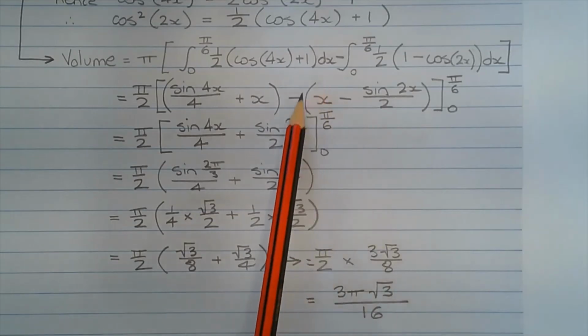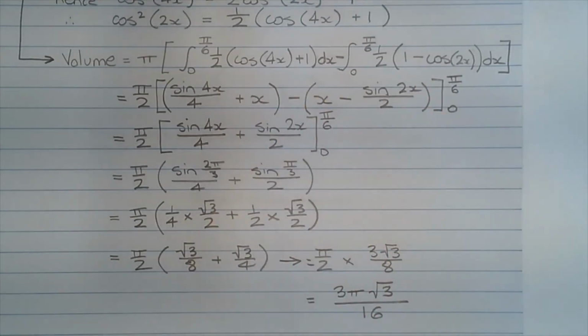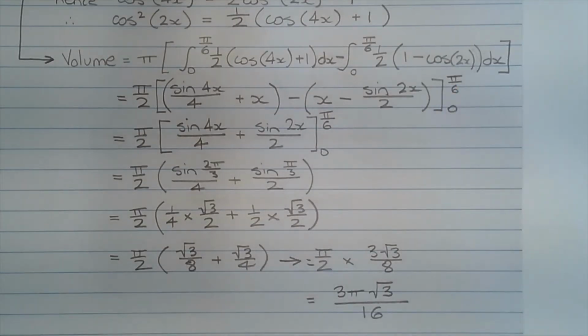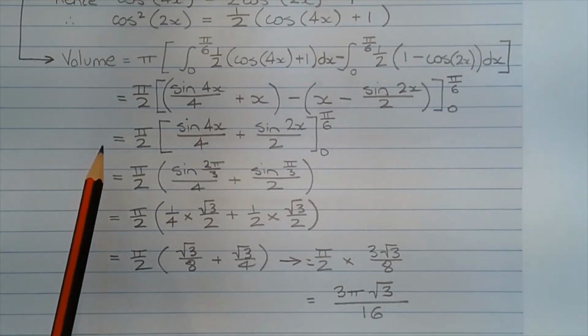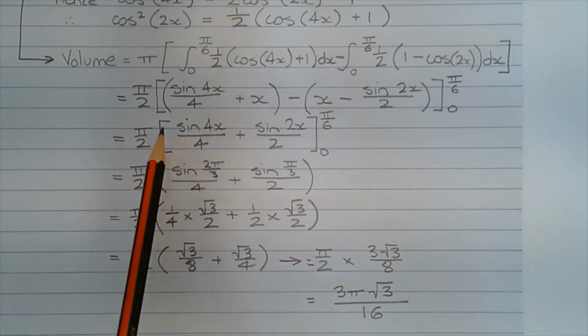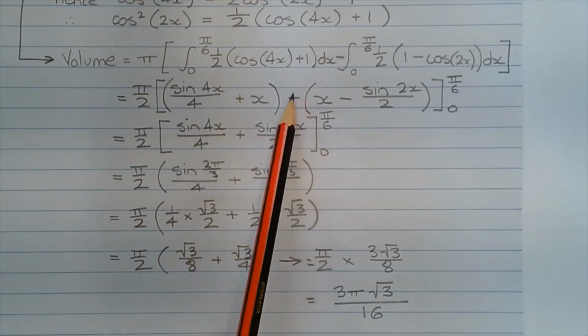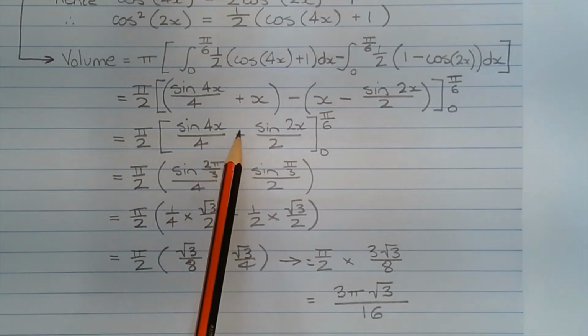So notice that the x minus sine 2x over 2 is in its own set of brackets. And the limits of integration, of course, are from x equals 0 to pi over 6. So simplifying what's inside the square brackets here and also just expanding the inner brackets here, we get the volume is equal to pi over 2 of sine 4x over 4 plus sine of 2x over 2. So this plus x and minus x here cancel. And this double negative here, so this minus minus becomes a plus here.